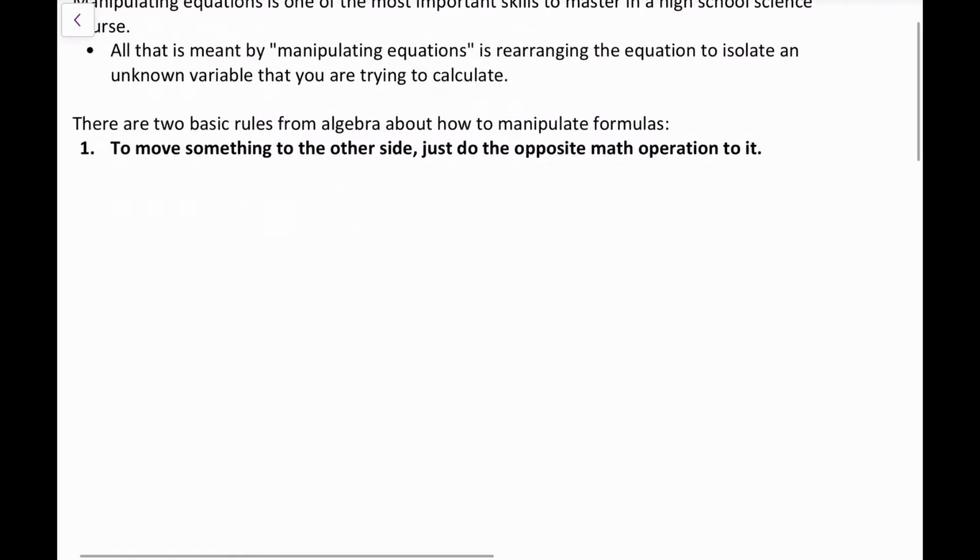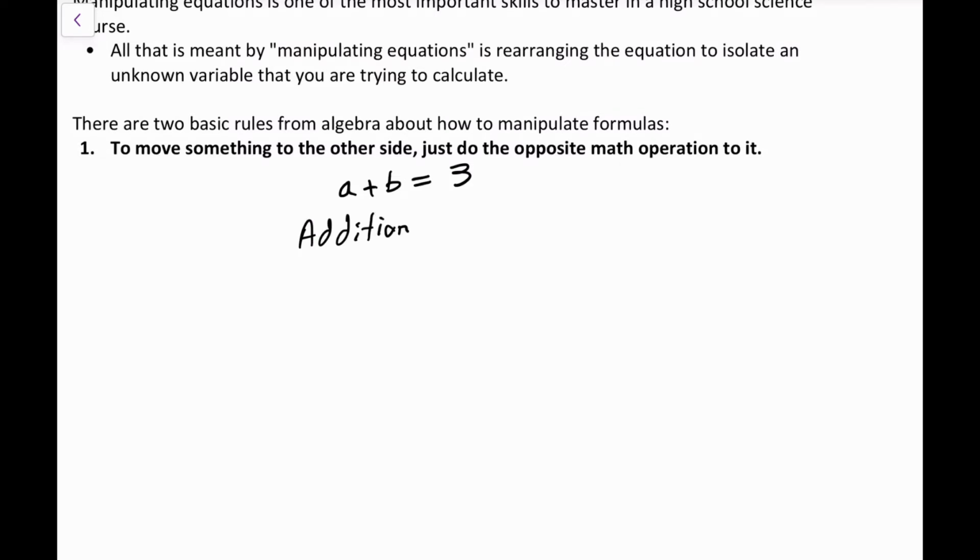First of all, if you want to move something to the other side of an equation, then you have to do the opposite math operation to it. For example, if we had an equation such as a plus b equals 3, here we have addition on one side.